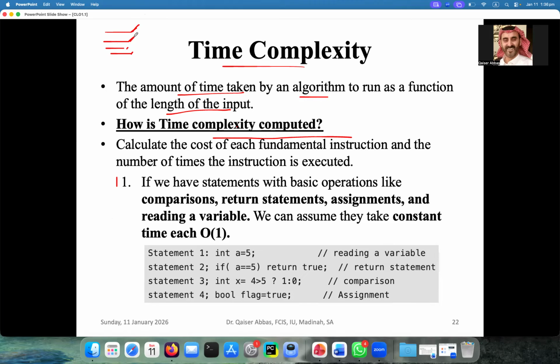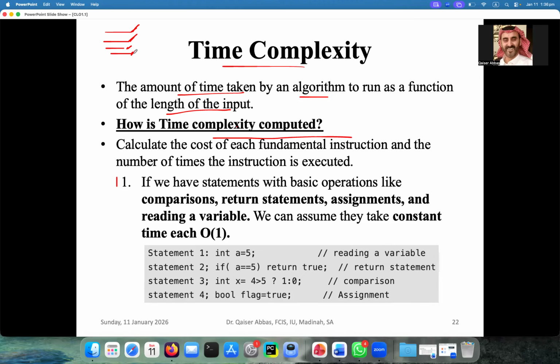And if that instruction is repeating 50 times, you have to calculate that cost 50 times.